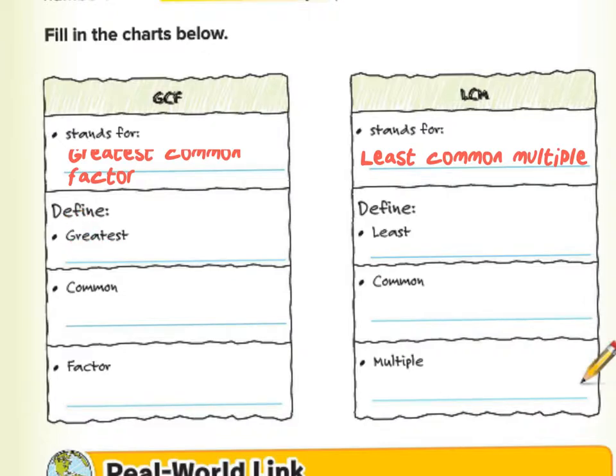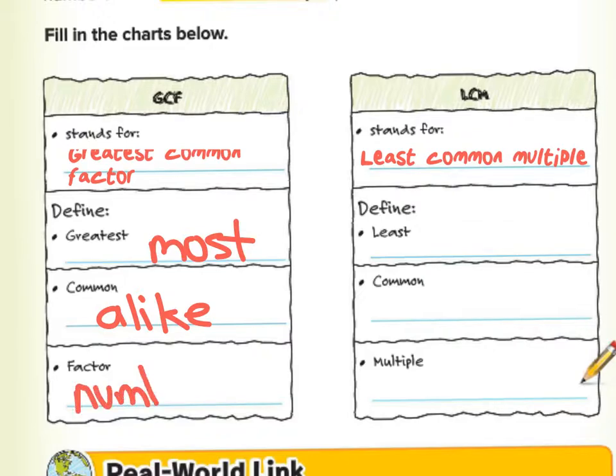Greatest means what? Usually it means the most, right? The greatest, the highest, the most. Common means alike, correct? Alike. What two things have alike? And factor are numbers multiplied, right? Numbers that are multiplied.